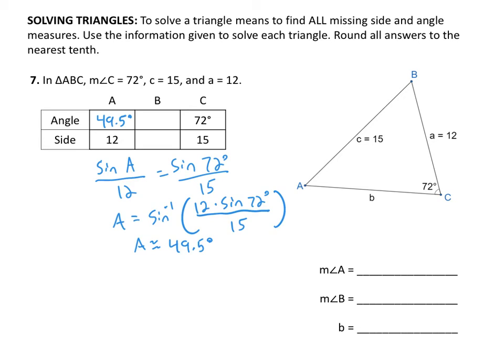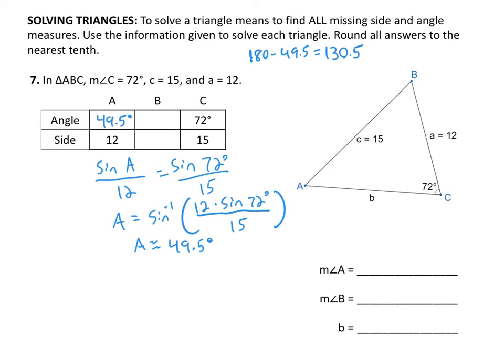Let's do that ambiguous case check because we do have an angle side situation here. So I'm going to find the supplement of 49.5. That is 180 minus 49.5. Wait, let me write it for you. 180 minus 49.5, and that would give you 130.5.